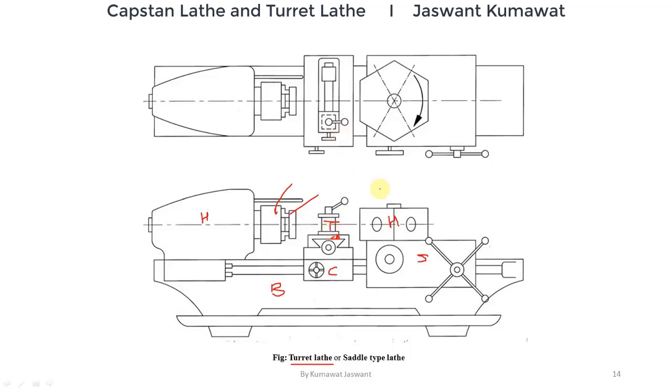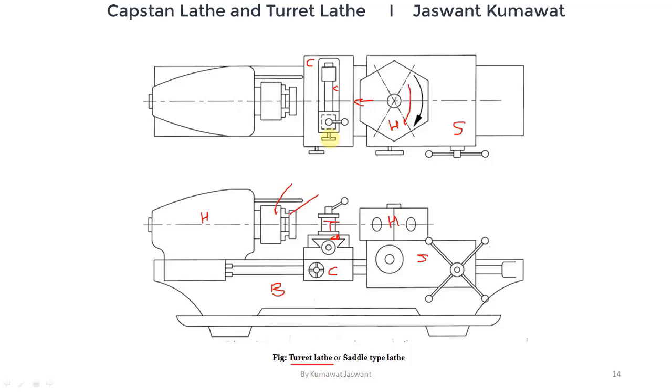This is the top view of the turret lathe. Here this is the saddle and this is the hexagonal turret having 6 faces. This is the spindle of this hexagonal turret. This hexagonal turret can be indexed automatically so that the required tool can be positioned in this direction. This is the carriage. This is the cross slide. This type of carriage is a conventional or reach over carriage.